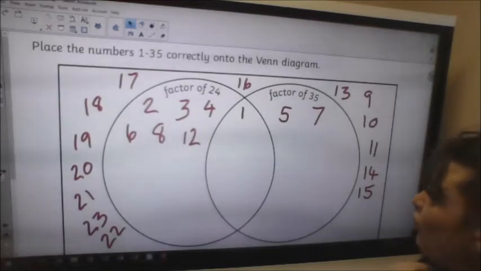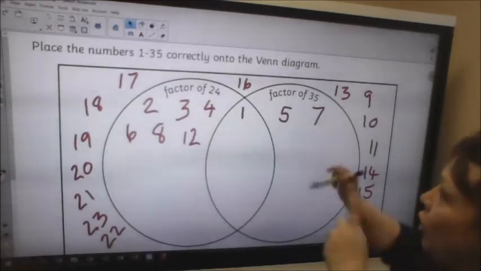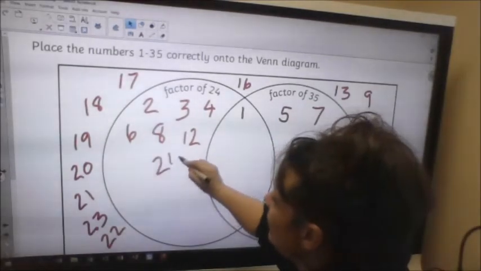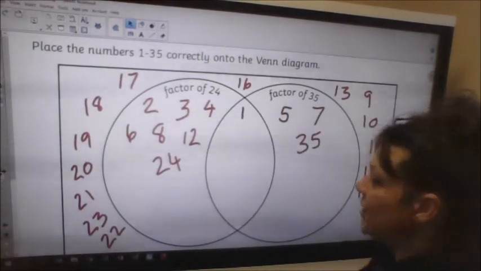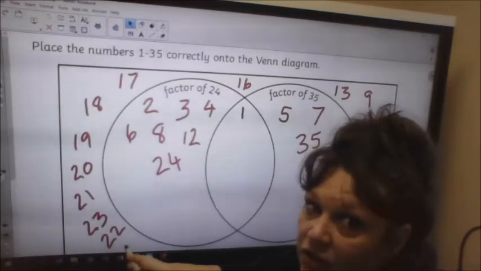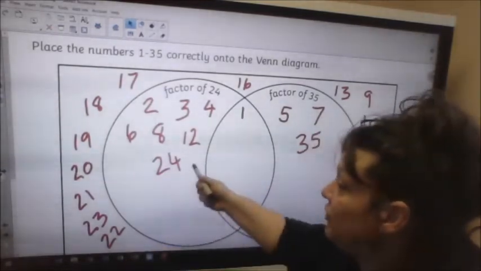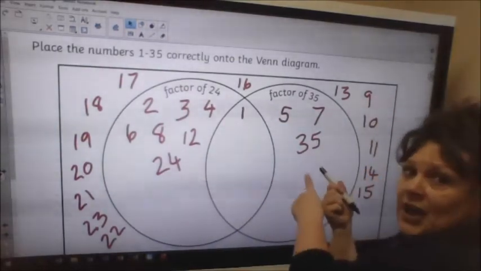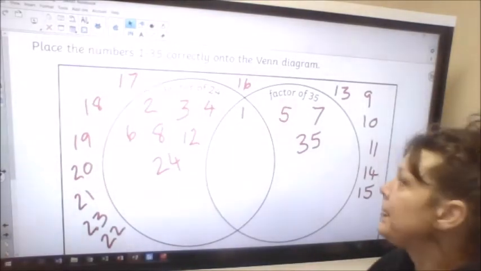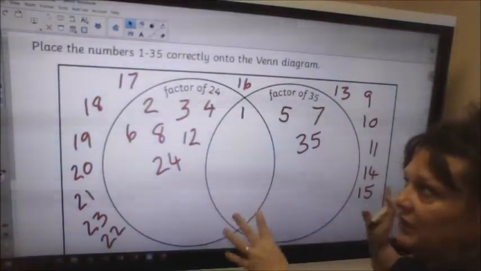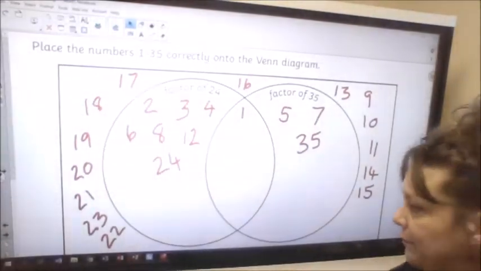So we would have lots of numbers around the outside on here up to 35, and we'd have 24 would go in there because it's a factor of itself. 35 would go in there, but any of the numbers between 22, 23, any numbers after 24 till we get to 35, they would be round the outside of the diagram. Okay, so there you can see how we've placed those numbers on really carefully on our diagram.